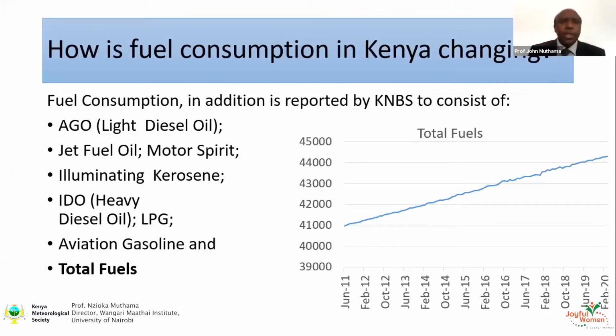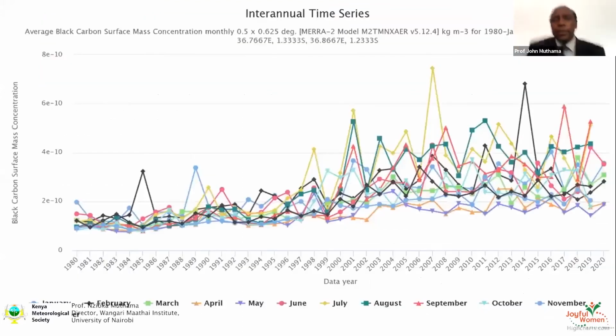Now, in terms of understanding the SLCPs, black carbon, there are different methods, and the use of satellite technology helps us to get a good estimation. It has its advantages and its challenges.